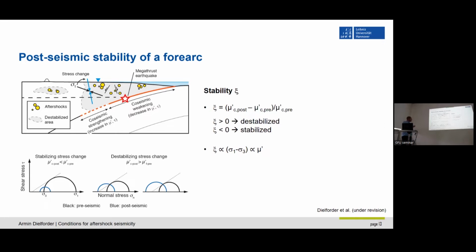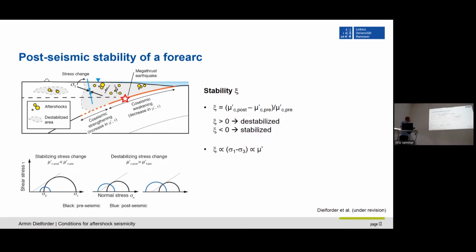But if it is smaller than 0, then it gets stabilized. Now, what is difficult to see here is the gray area. And these yellow dots indicate aftershocks. All the aftershocks that we see should locate within the area that gets destabilized, not in the one that gets stabilized. We need the stress changes to favor rock failure and seismicity.